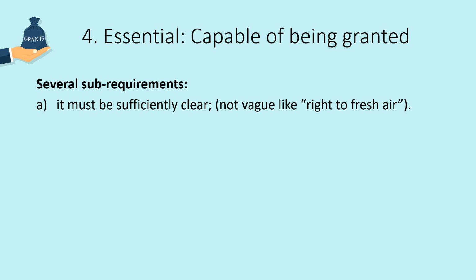The first one is fairly self-explanatory, and it just says that the easement has to be sufficiently clear, so everyone needs to be able to understand what is meant if they see the easement.